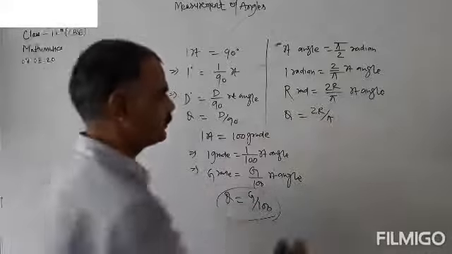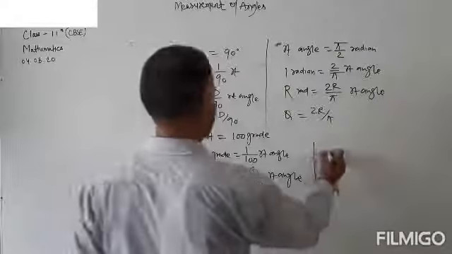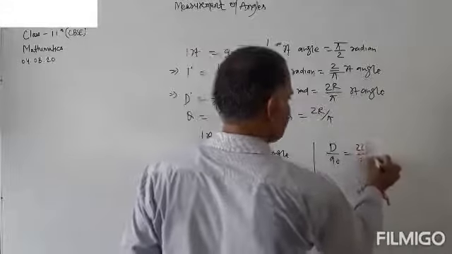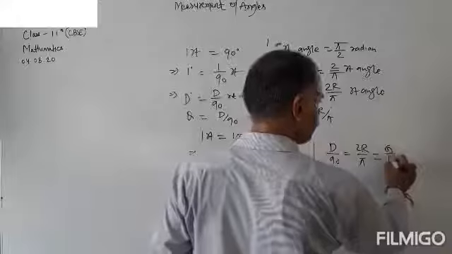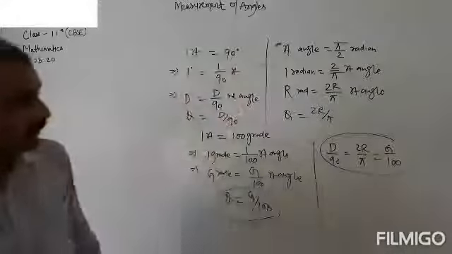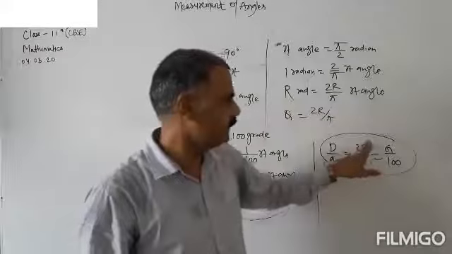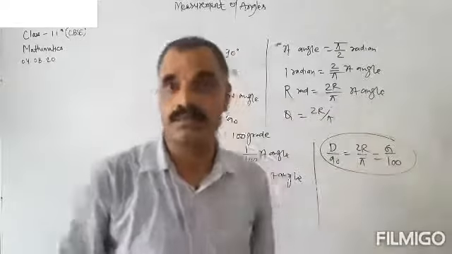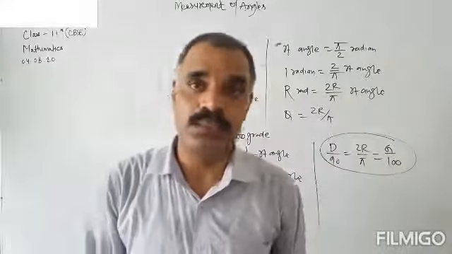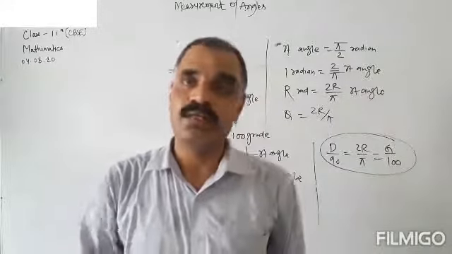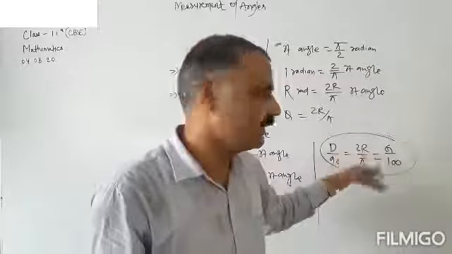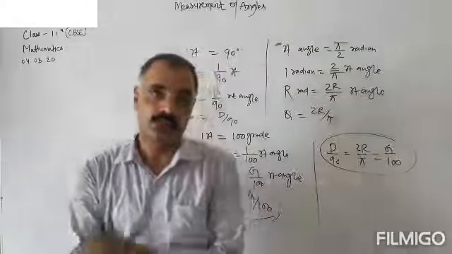The same angle is converted in all three measurements of angles. So comparing all three, d upon 90 is equal to 2r upon pi is equal to g upon 100. So this is the relation between degree measurement, radian measurement and grade measurement. Using this relation we can convert degree into radian, degree into grade, radian into degree, radian into grade, grade into radian, grade into degree.